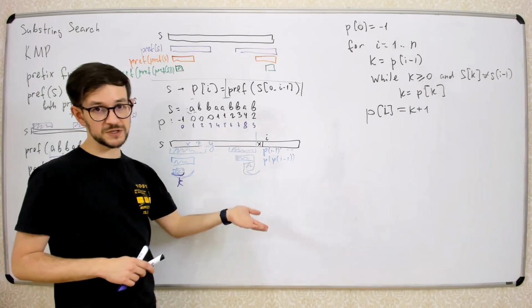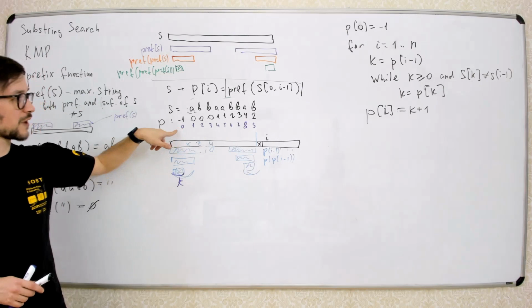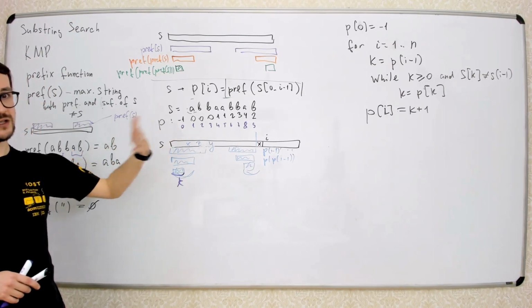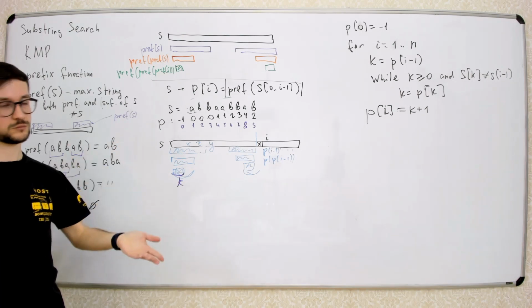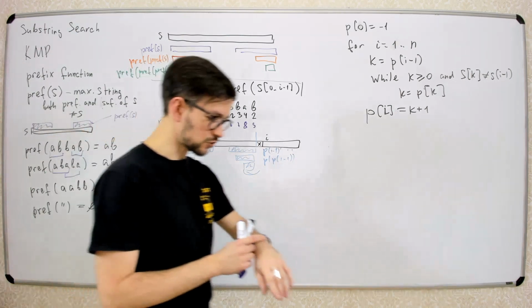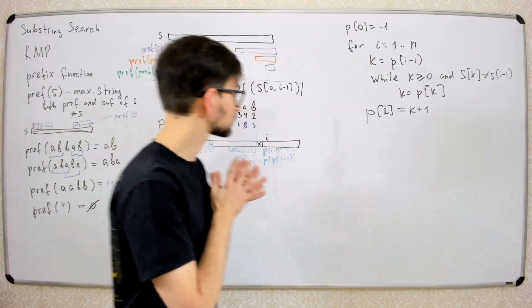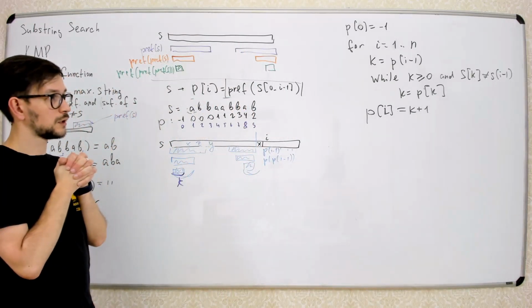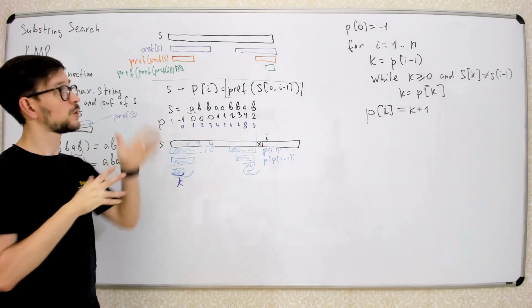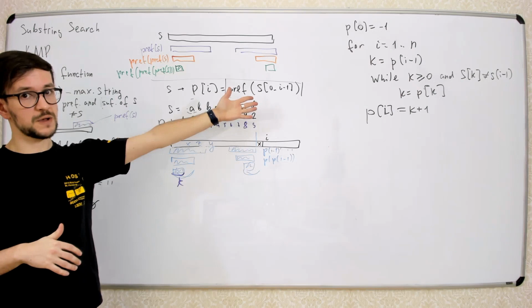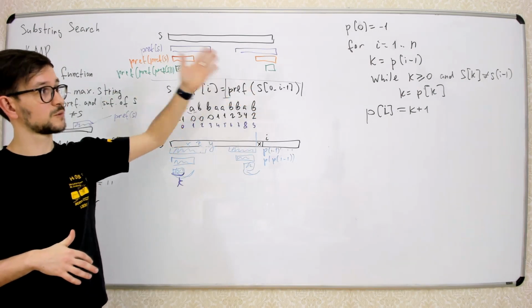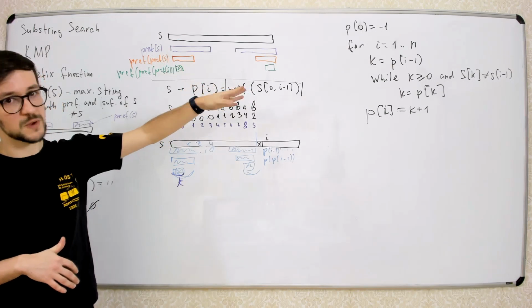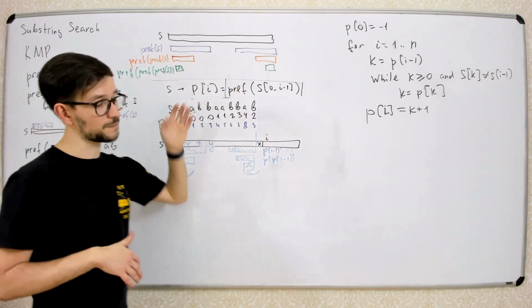So the result must be 0. But we will end with k equal to minus 1. So we add 1 to this minus 1, and we'll have 0. Just a small trick. Nice. That's all. That's the whole KMP algorithm. Very simple algorithm. Just 5 lines of code. I believe you can optimize it to like 3 lines of code, but that's all.